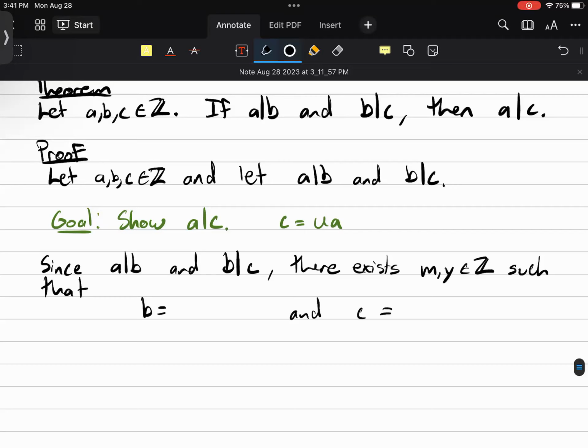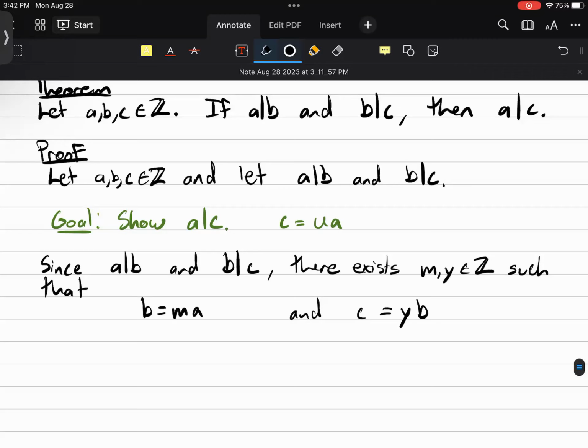Based on the definition of division, since A divides B, then I know there exists an integer such that B is equal to what? M times A. We'll let the M go with that definition of division. What about for C? C is equal to Y times B. Then I know B is some multiple of A and C is some multiple of B.